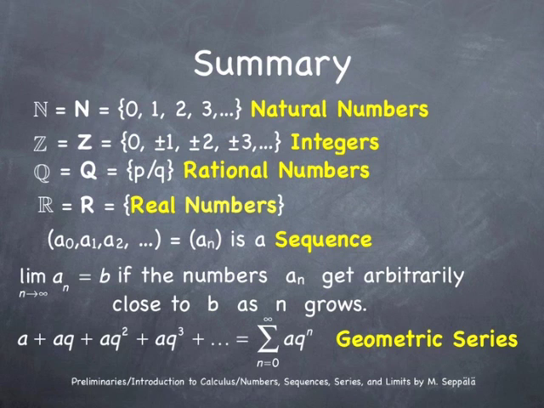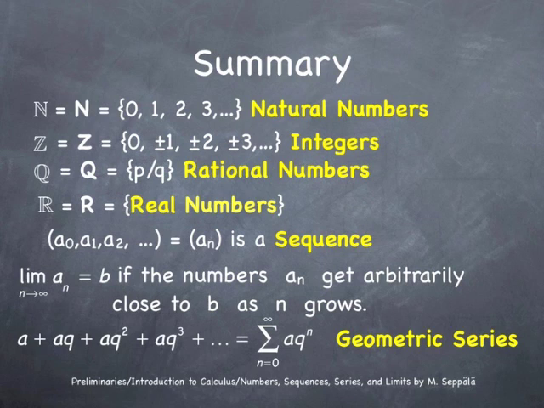Positive and negative integers together with 0 are denoted by capital Z, and also here we have the blackboard bold font, where in the middle of the Z we have two parallel lines instead of one. Rational numbers are numbers of the form p divided by q, where p and q are integers.